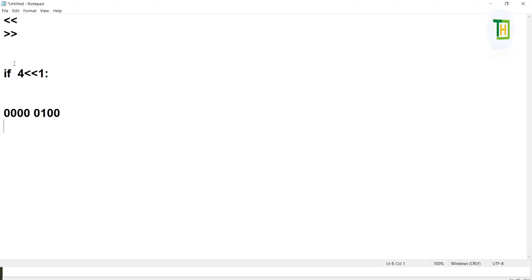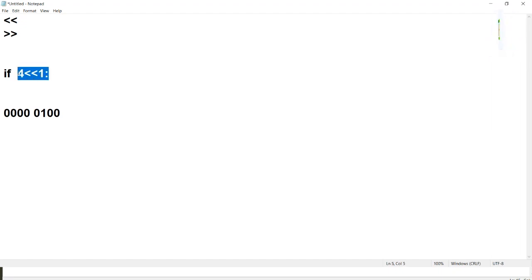That's it, nothing else. This is 2 power 0, 2 power 1, 2 power 2, and 2 power 2 means 4, then 2 power 3, 2 power 4, 2 power 5, 2 power 6, 2 power 7. Now it is a left shift operator, right?